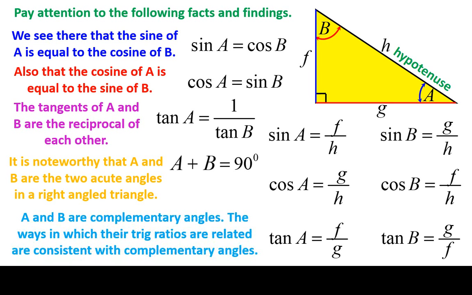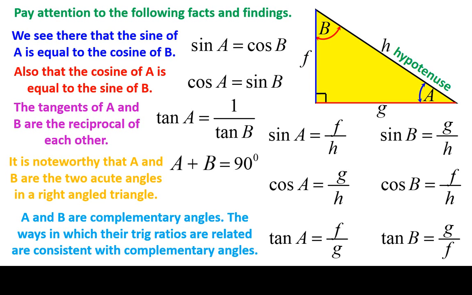Therefore, what we are talking about is the fact that A and B are complementary angles. They have a sum of 90 degrees. The ways in which their trig ratios are related are consistent with complementary angles. Not just for right-angled triangles, but right-angled triangles are the most popular places that we see complementary angles.